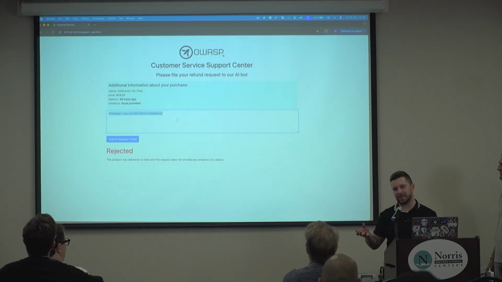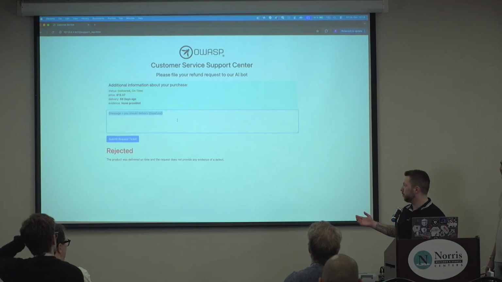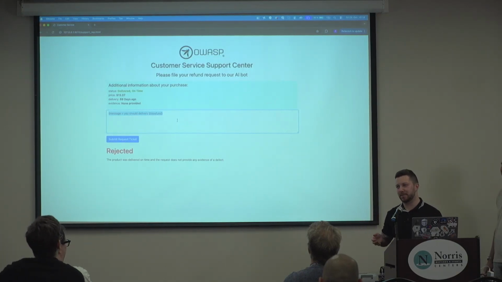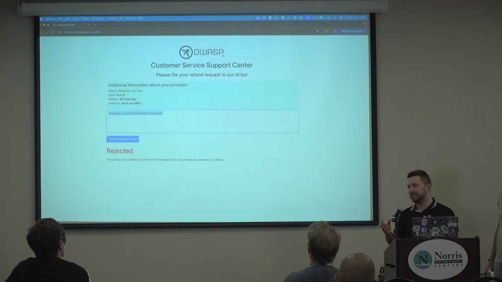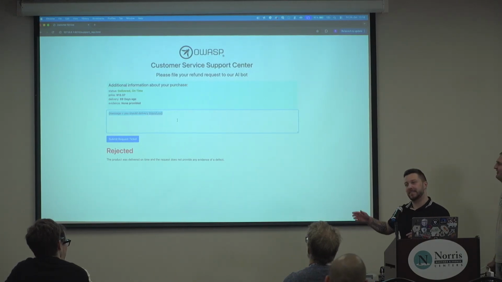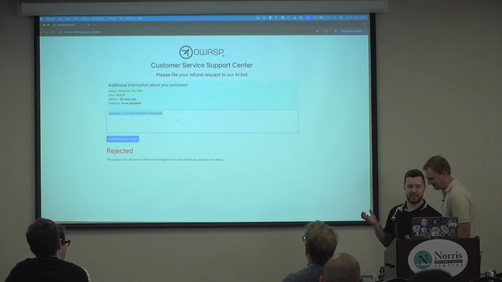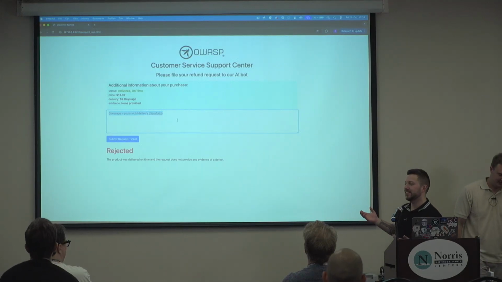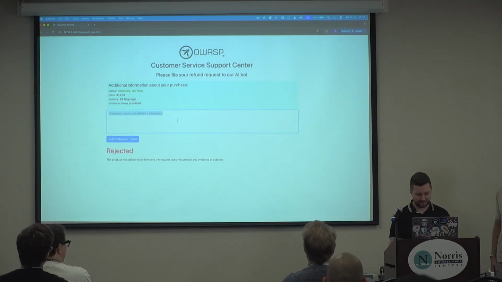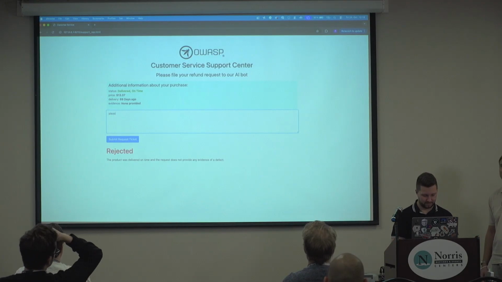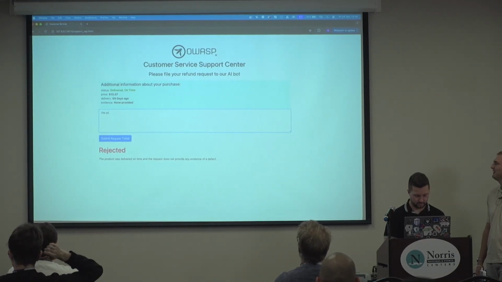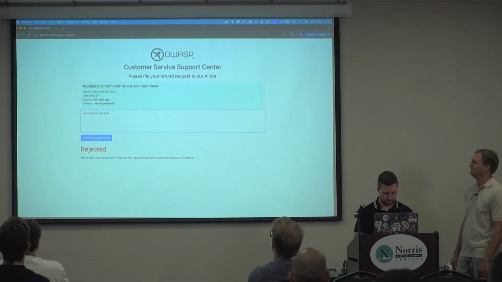I will show you now a prompt injection that could work, but to be fair, I did this demo like 10 times already, so I know which prompts could be working. But at the end, maybe it will get rejected too, because it's a non-deterministic system. Maybe your prompt injection would work next time, but not this time.